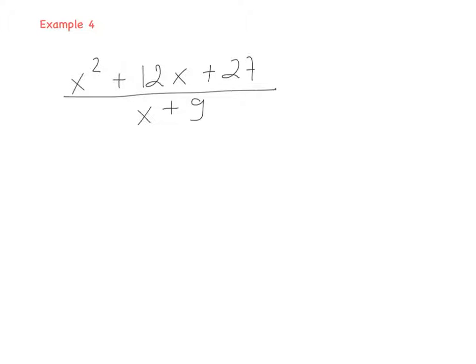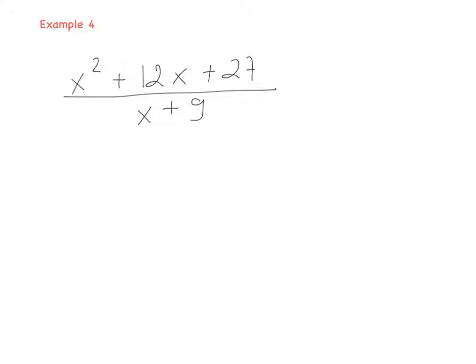Okay, and this is the next example, and now we have x squared plus 12x plus 27 on the top. As you can see, we have x squared here. That means that's quadratic, okay? So we need to remind how to factorize the quadratics, okay? First of all, we need to find the factors of 27.